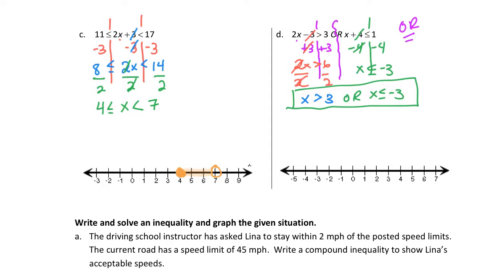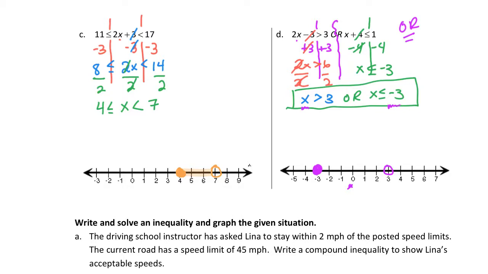So let's take a look. We've got 3 as one of our endpoints, and that one's an open circle. Negative 3 is my other endpoint. All right, and let's think about this. Let's try like 0. Is 0 either greater than 3? Nope, 0 is not greater than 3.